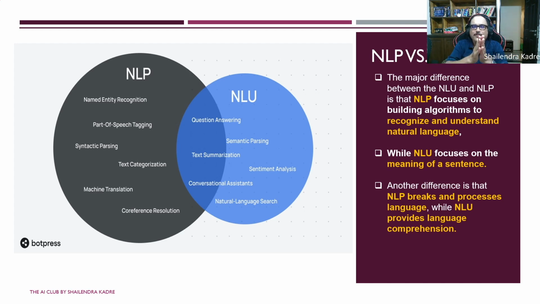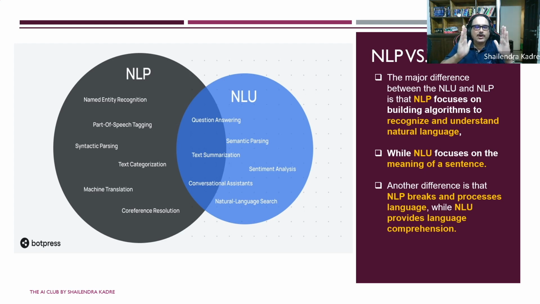These are very broad classifications, and in the strict sense they are not used. If you talk about NLP, it includes NLU as well. Generally these two broad classifications are done on an academic level, but when we talk about NLP, it talks about understanding the language as well.